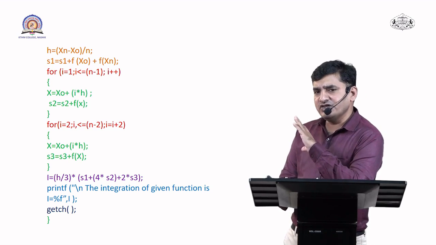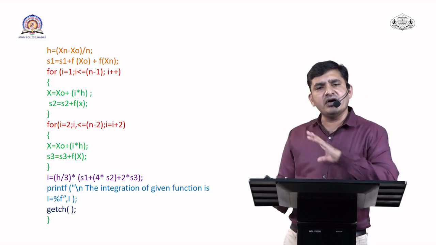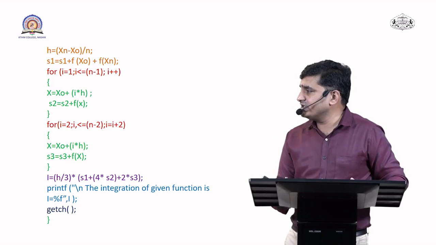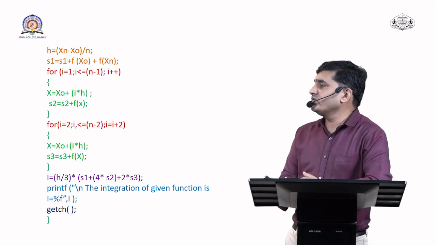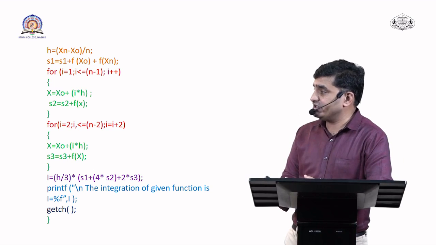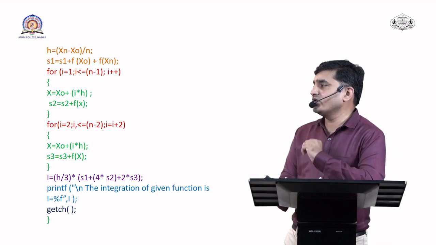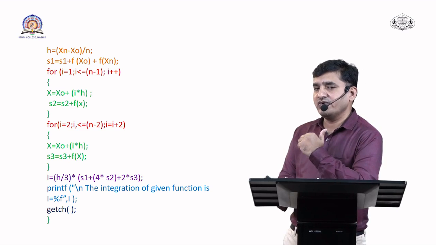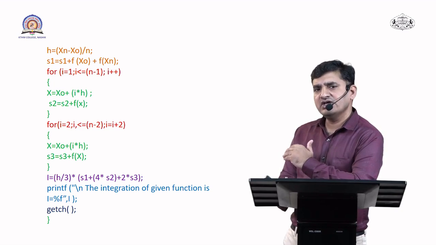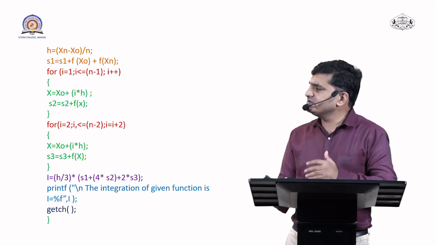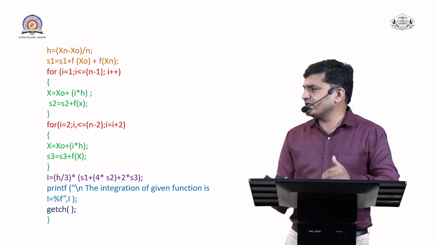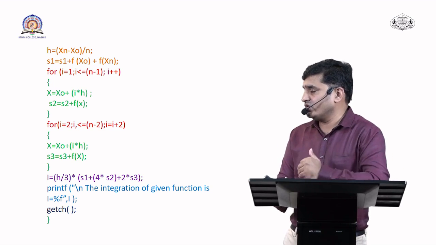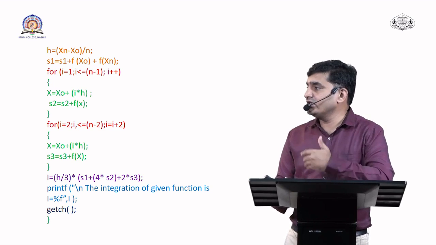That is, this for loop is executed until this condition is satisfied, that is, i is less than or equal to n minus 2. x is equal to x0 plus i into h, that is, x is equal to x0 plus 2h, then x is equal to x0 plus 4h. This process is carried out and we get sum 3, that is, s3 is equal to s3 plus f of x0, which we calculated in a previous step.